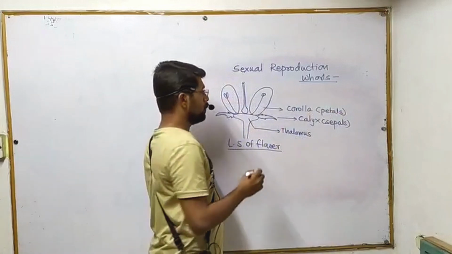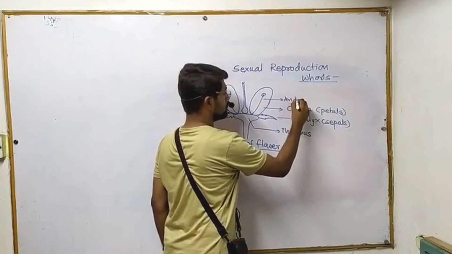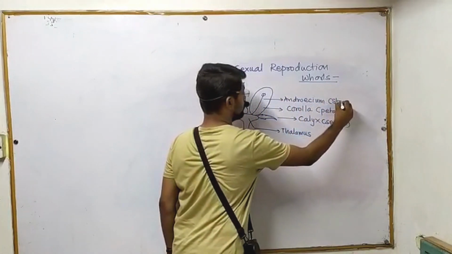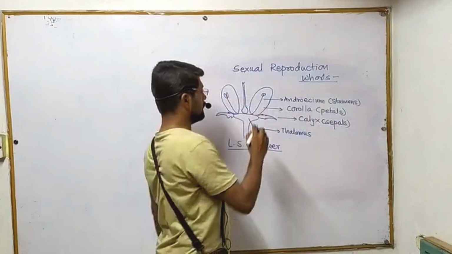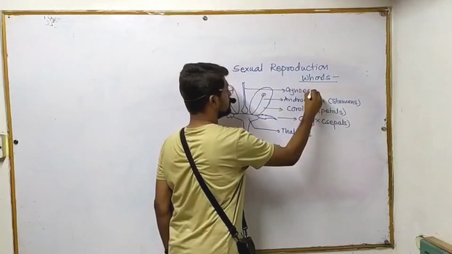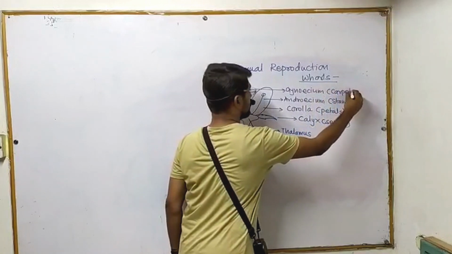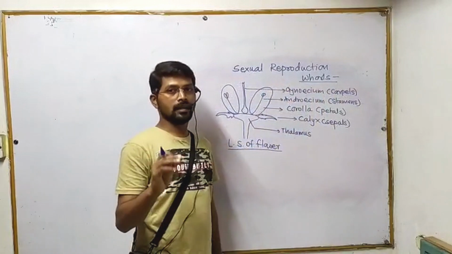The third whorl, present inside the corolla, is called the androecium. This androecium is the group of stamens, and the last whorl is the gynoecium. This gynoecium is made up of single or many carpels. So these are the 4 whorls present in a typical flower.